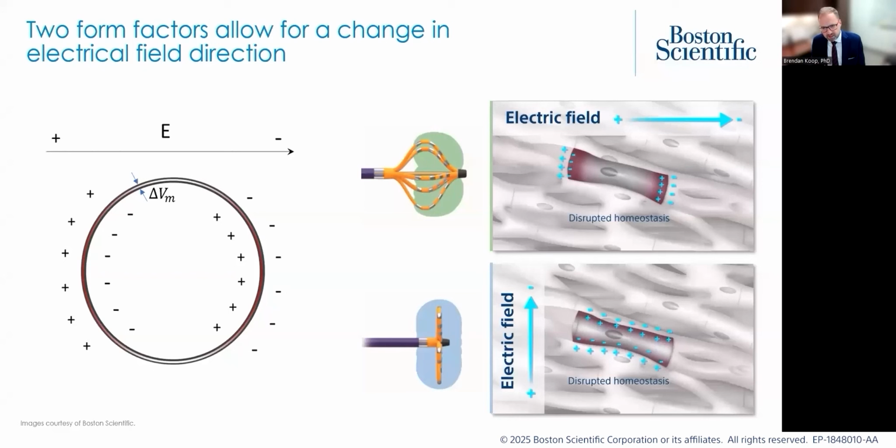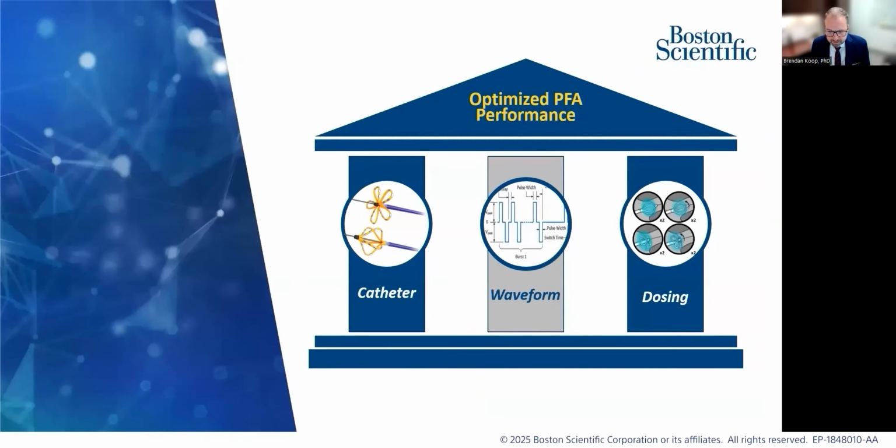So in basket, you have a field that's going from spline to spline, in a circumferential way. And the local cell sees its membrane charged in that direction and poration happening there. And then as we change the direction, we're getting almost an orthogonal change in the electric field so that we're treating the cell in a different direction and a little bit more effectively. Not strictly necessary for thin tissues like the posterior wall, but it is something that we keep in mind and try to do to optimize PFA.